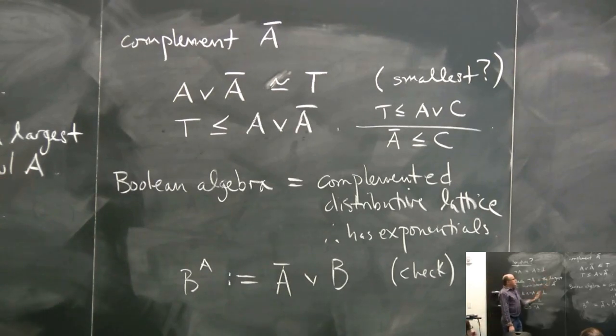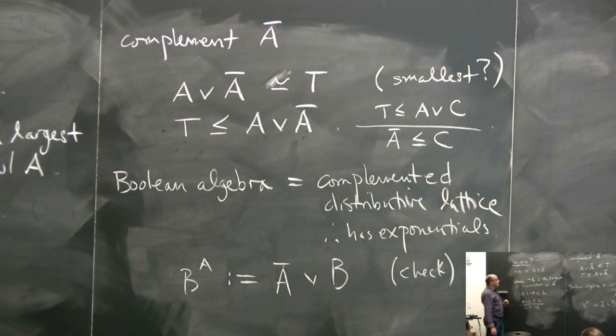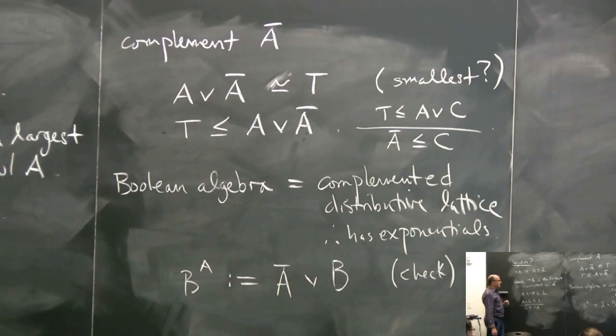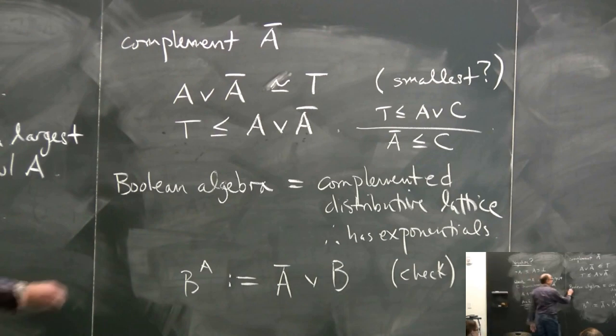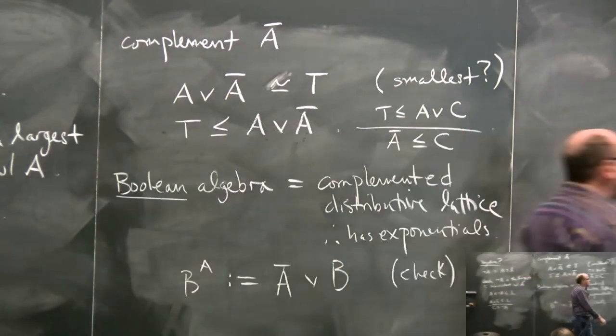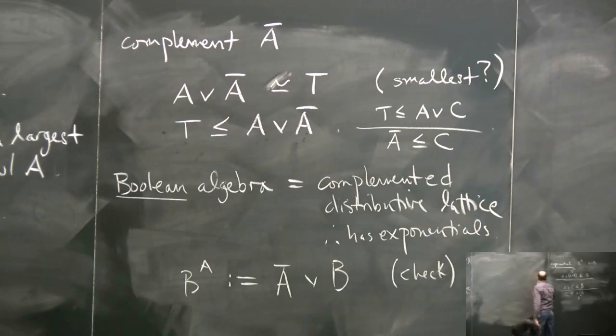Okay, so that's the definition of complement. So that's the difference between a Boolean algebra and a Heyting algebra, and you can guess that I'm drawing the distinction because there is a distinction, because it really matters.